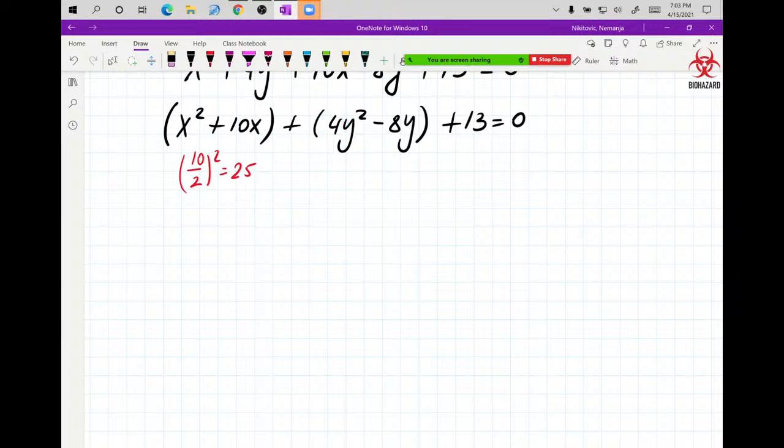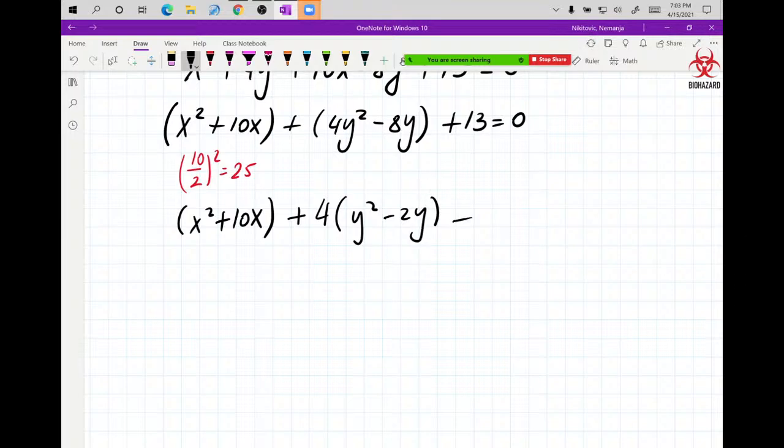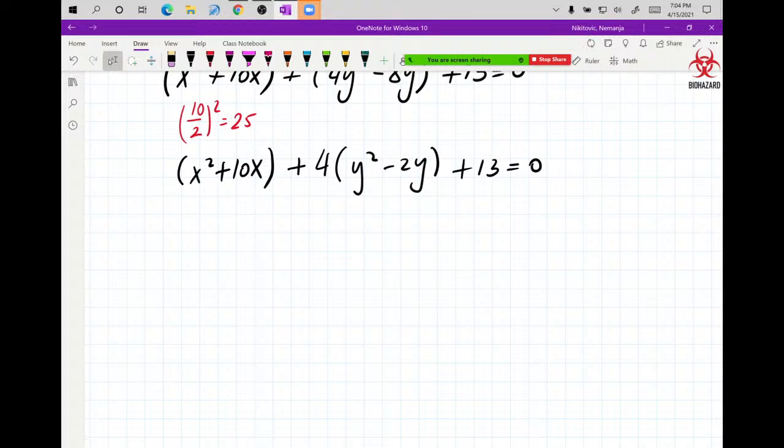I forgot about that. The way to do completing the square easily is you need to have y squared alone. So we have to copy this one more time and kick out a 4 over here so that we can focus on the rest of the problem.